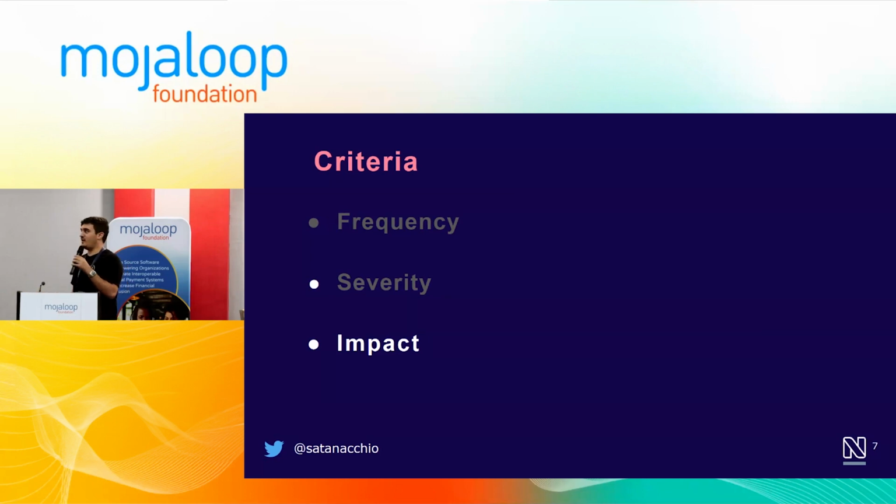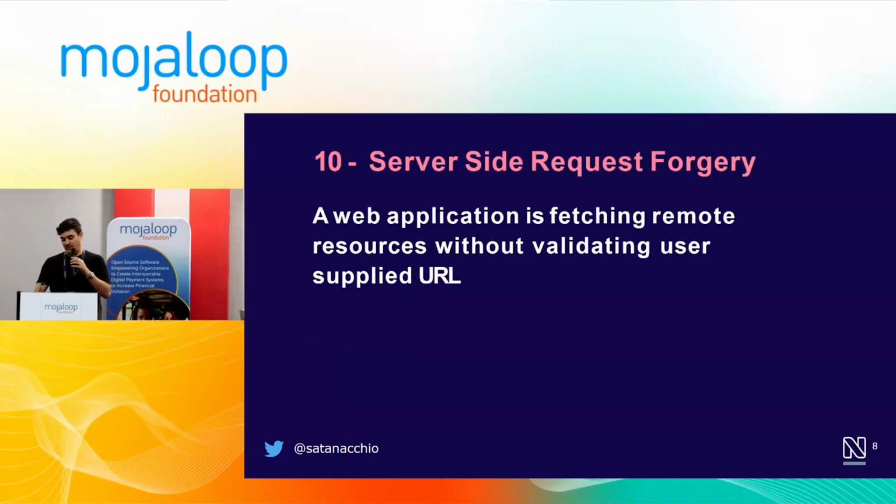So let's get started. The first one is called server-side request forgery. It's basically when someone provides you a remote resource, a URL to some remote resource, and the server fetches it without doing sanitization or checking.